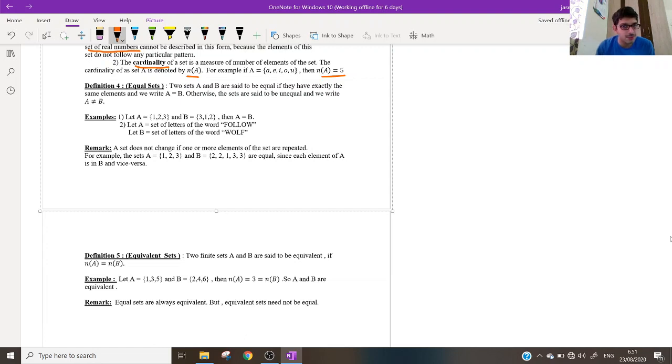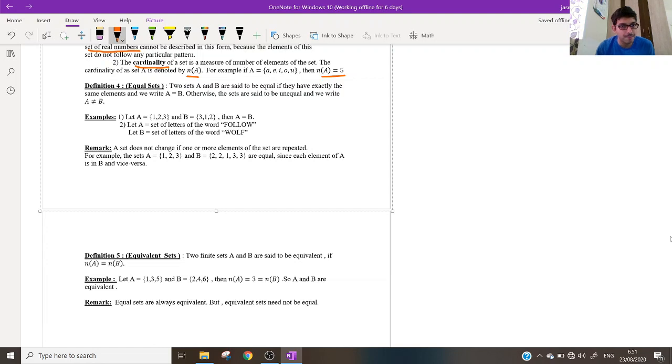Similarly, A equals the set of letters of the word follow, and B the set of letters of the word wolf. Both these sets are the same. Again we will not repeat the elements, as I told previously. A set does not change if one or more elements of the set are repeated. So there is no point in repeating the elements. Even if it is repeated, it will be the same set.